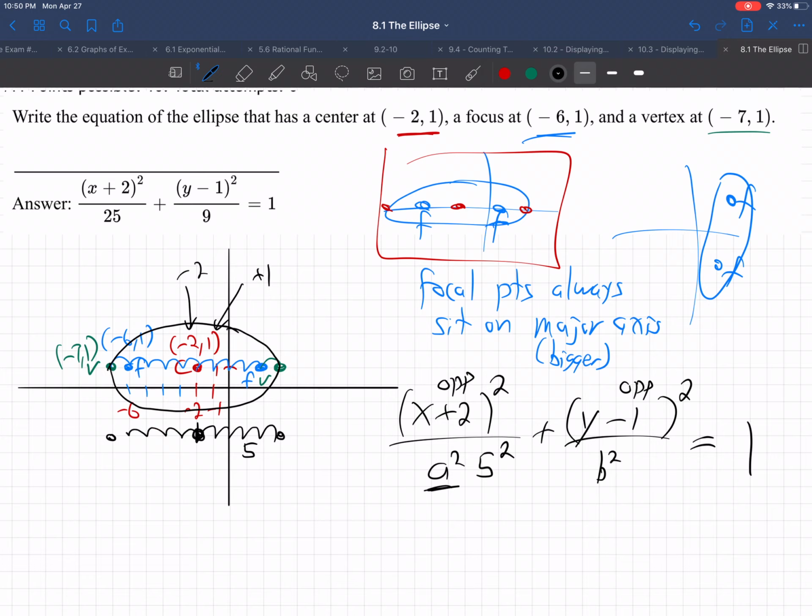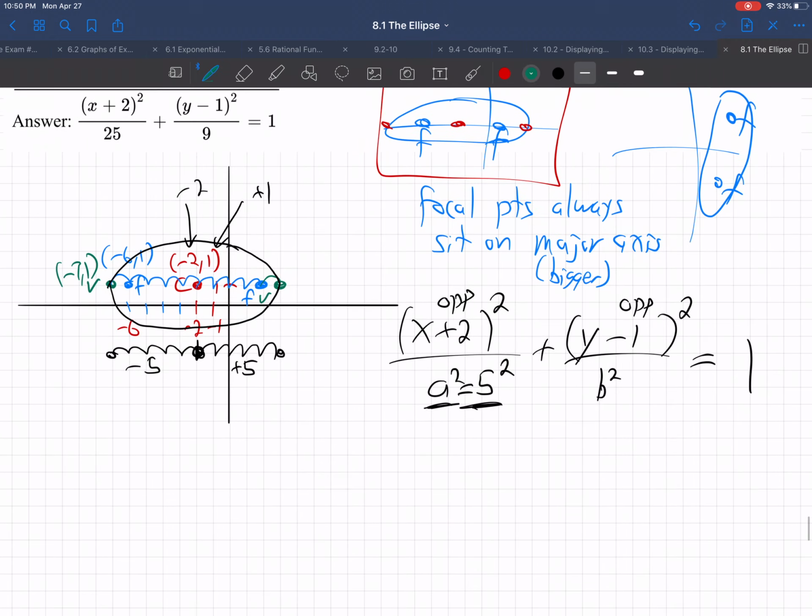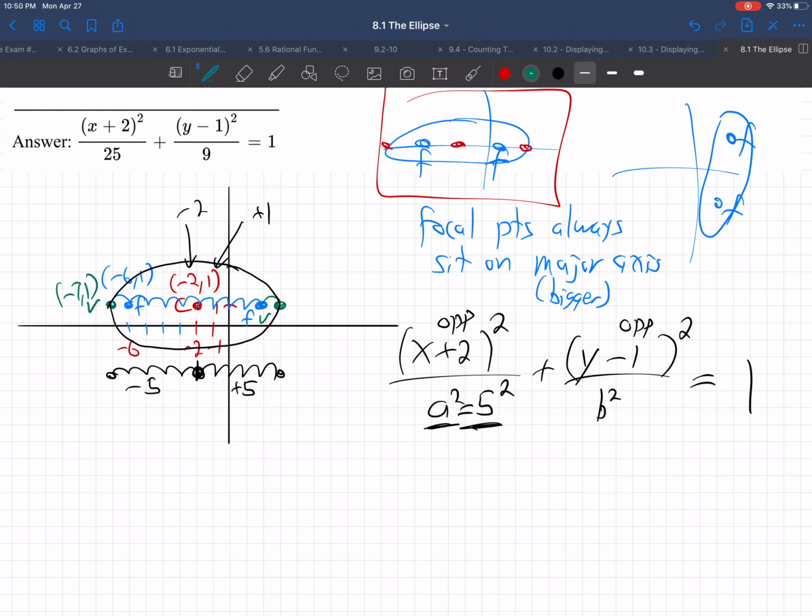It's back 5 or right 5. Either way, it's 5. So a squared must be equal to 5 squared. So all I've got left to find is b squared. And I don't really know what b squared is. What can I do? Well, I do know where the focus points are, so I can use the focal equation.